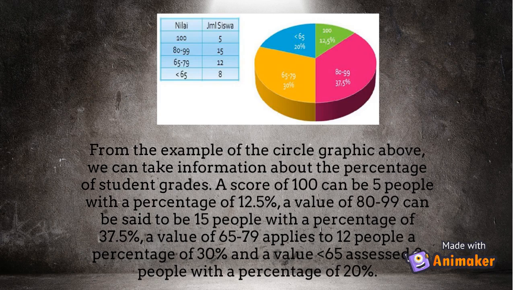A value of 65 to 79 was achieved by 12 people with a percentage of 30%. And a value of less than 65 by 8 people with a percentage of 20%.